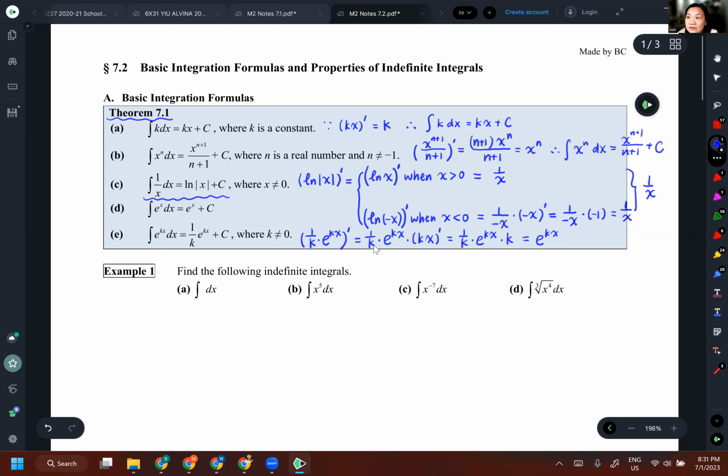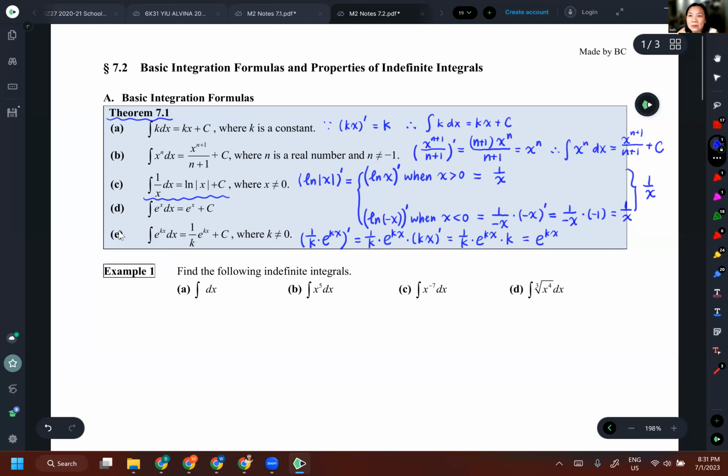I have to take out the 1 over k, and differentiate e to the power u, and du/dx. It's a chain rule. Afterwards, 1 over k and k cancel each other out, leaving e to the power kx only. That's why when you integrate e to the power kx, you are not getting e to the power kx, you are getting e to the power kx divided by k, and that is the primitive function.